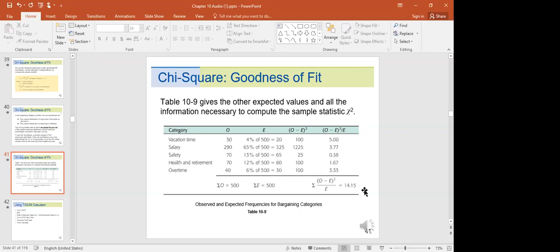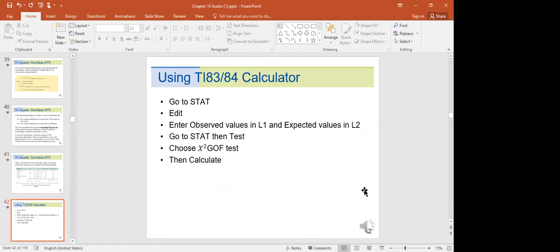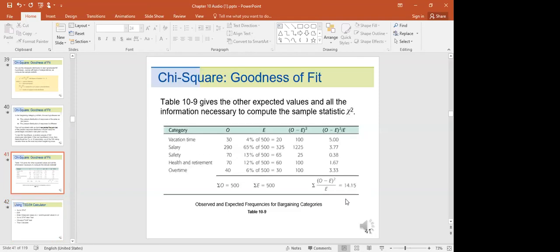So we can use the calculator again. To use this test, you go to start, edit, and write the observed values in L1 and expected values in L2. I hope you know how to clear the values in your calculator.